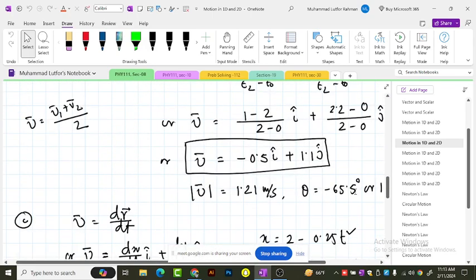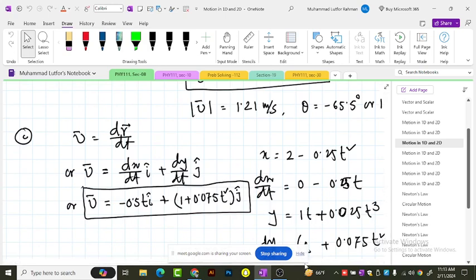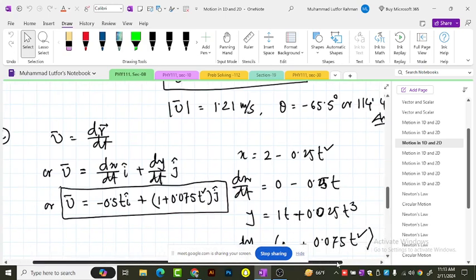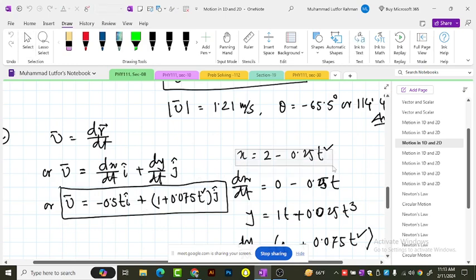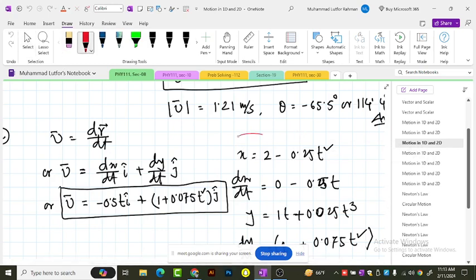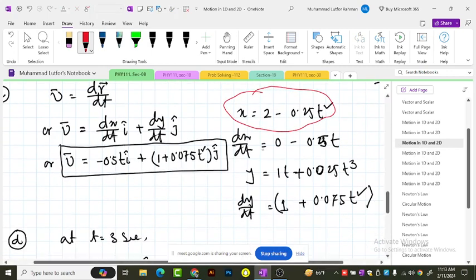This is the average velocity, and this is actually your instantaneous velocity, which I write as v equal to dr over dt, equal to dx over dt. It's two-dimensional, so that's why I write in that form. And this is the function for x, and I take the derivative of that function.